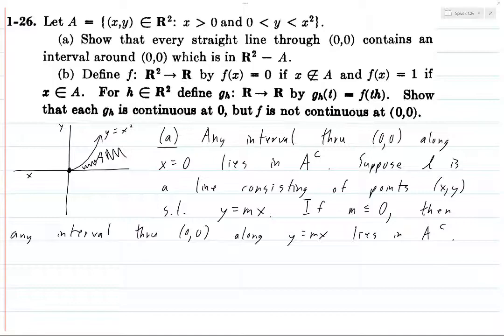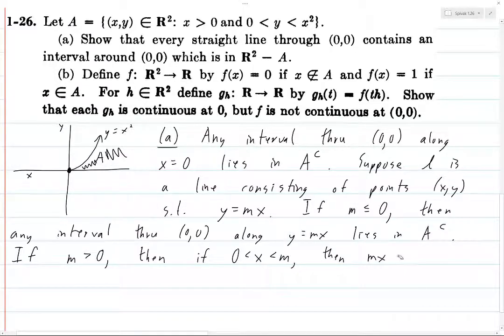Alright. So the tricky case is where y equals mx and m is strictly positive, because then this line will intersect the curve y equals x squared. So what do we do? If instead m is greater than 0, then if x is a number which is between 0 and m, then mx is going to be greater than x squared.